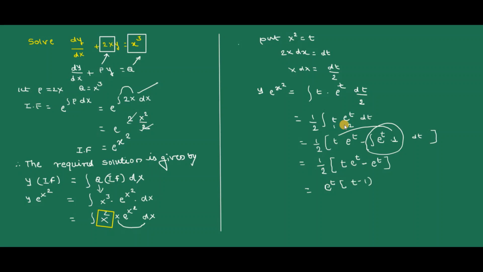So e raised to t into (t minus 1) divided by 2. This is the required solution. At last put t is equal to x square, that is e raised to x square divided by 2 into bracket x square minus 1. This is the required solution.